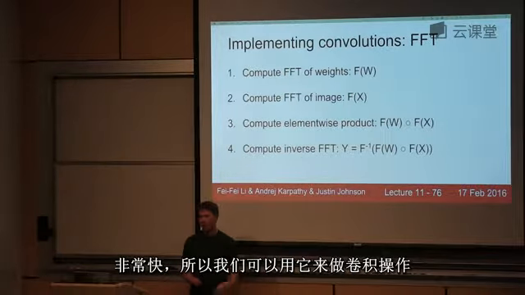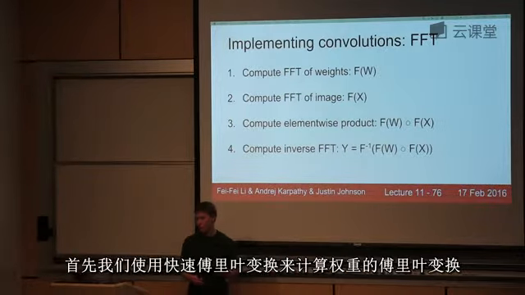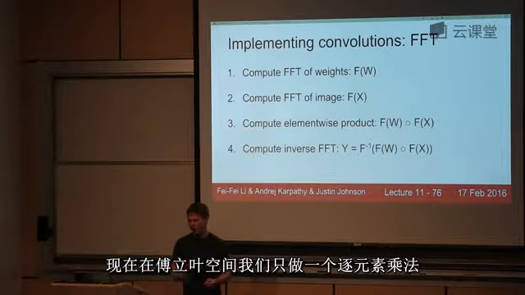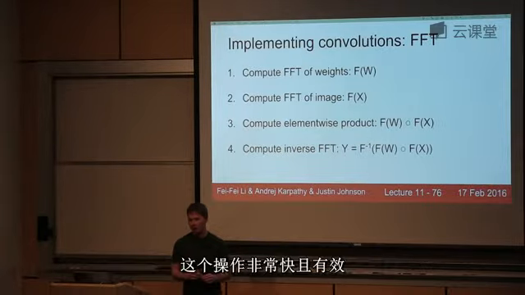So we can apply this trick to convolutions. The way this works is that first, we use the fast Fourier transform to compute the Fourier transform of the weights, and also the Fourier transform of our activation map. Now in Fourier space, we just do an element-wise multiplication, which is really fast and efficient.